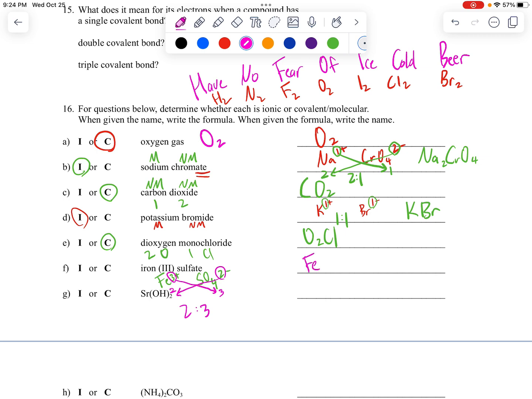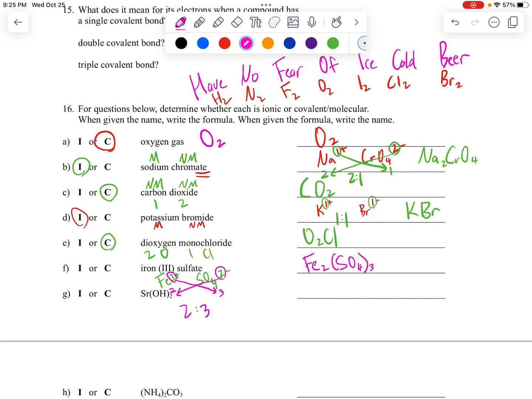So Fe2. Now, this is a polyatomic ion, and if there's more than one, you need to use parentheses. So open up parentheses, write down SO4, close it, and on the outside write 3 as the subscript. Don't just multiply that and put down 12, because that's a different compound.